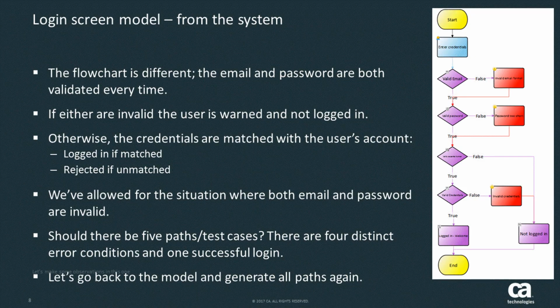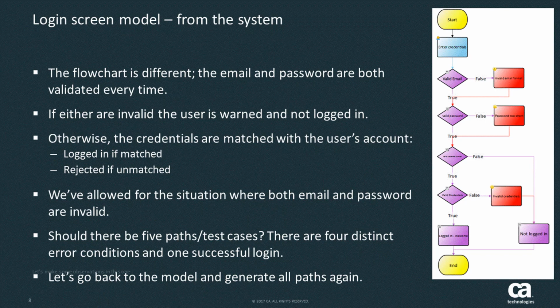So you can see the flowchart is different this time around, where both the email and password are validated every time, and we've allowed for the possibility of both the email and the password to be invalid, and that would add an additional error condition. So in principle we should have 5 paths or test cases. We should have 4 distinct error conditions plus 1 successful login.